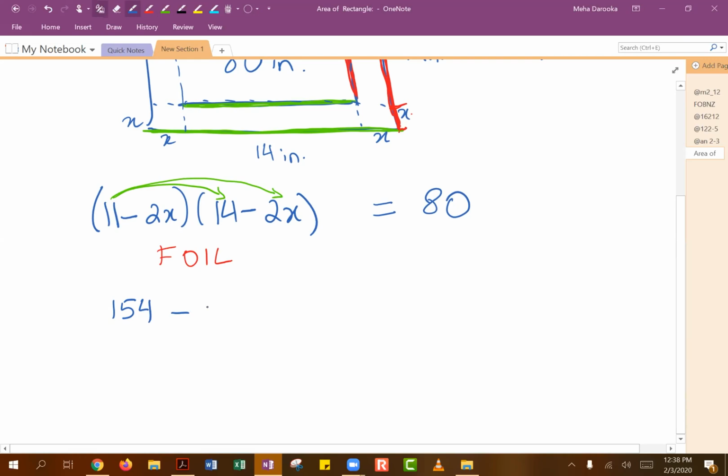Very nice, minus 22x. Inner, which would be the negative 2x multiplied with the 14. Negative 28x. And the last terms would be negative 2x with negative 2x. Very good, positive 4x squared.